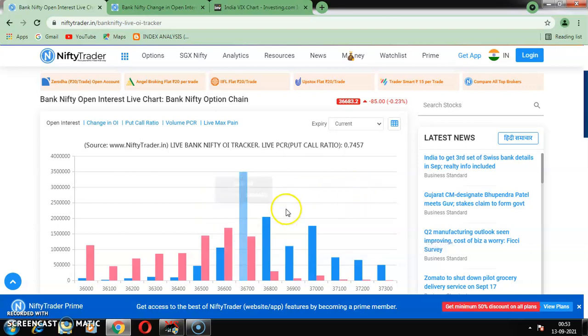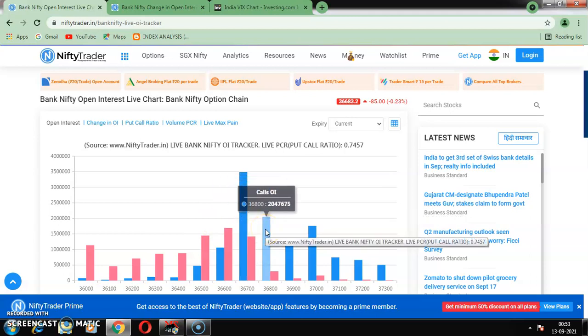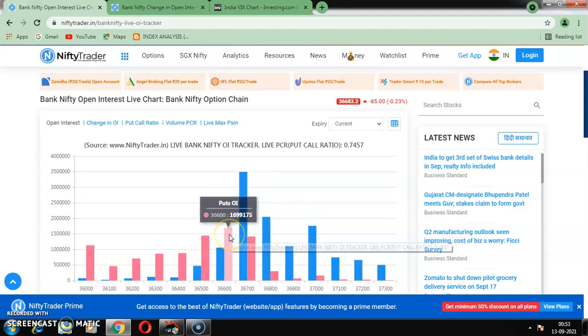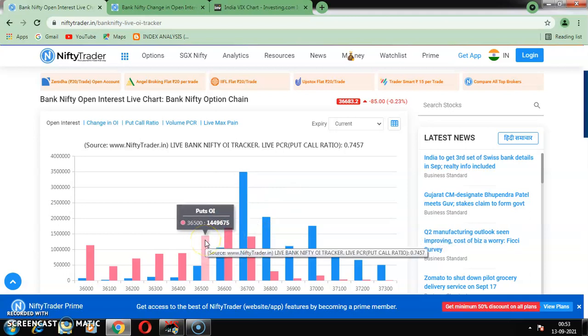As far as this option data is concerned, our first resistance would be 36,700, and the next resistance would be 36,800. The first support would be 36,600, and the next support would be 36,500, based on the open interest gain.